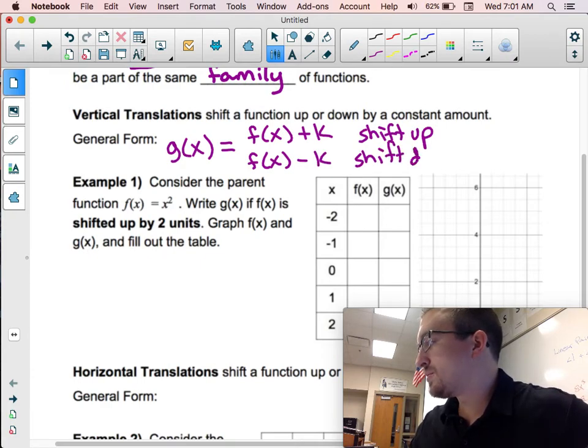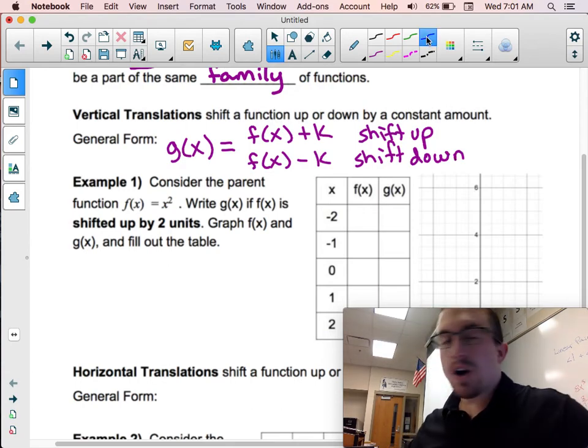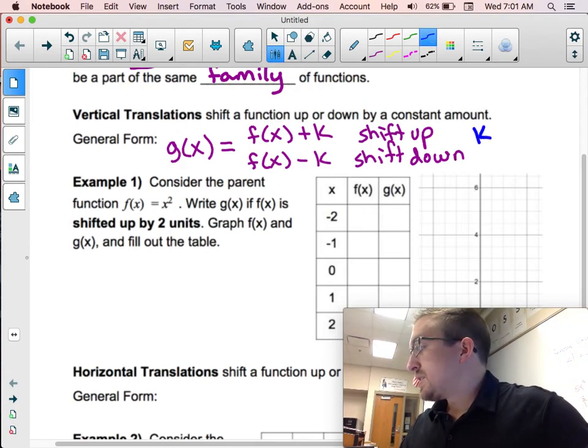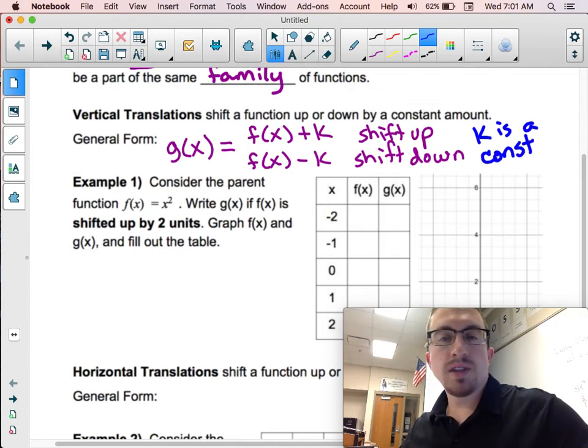That's the general form. And by the way, for all of these, k is just a constant. Some constant, like a number, like 5.